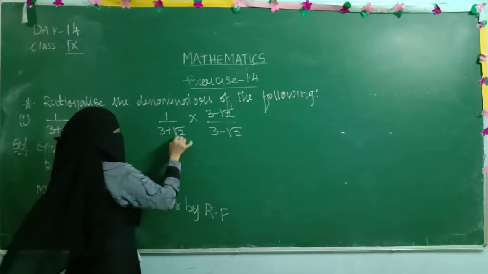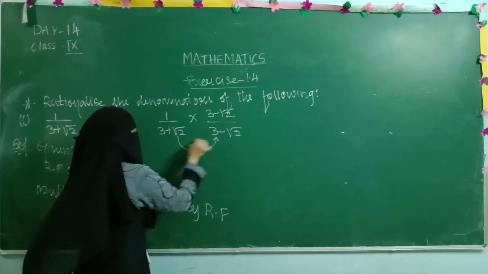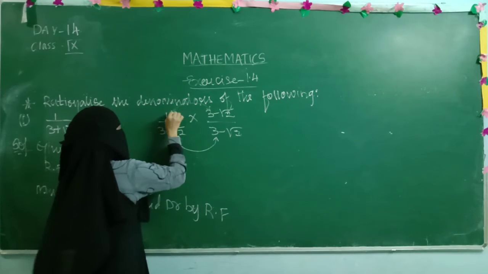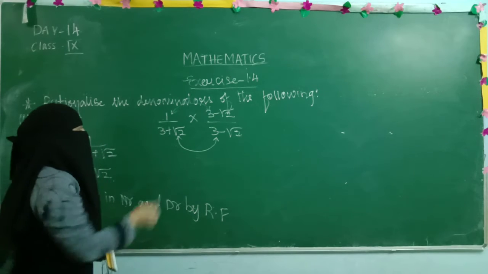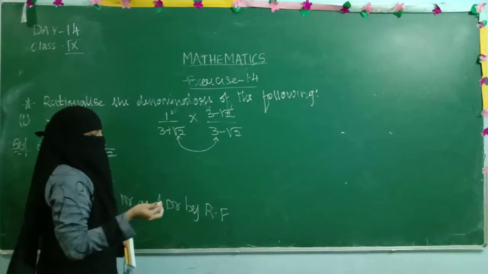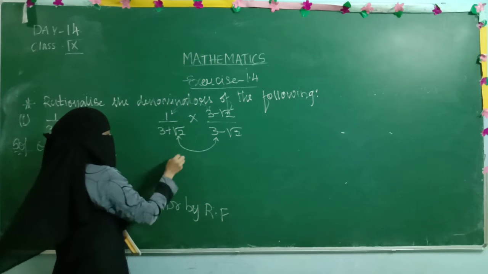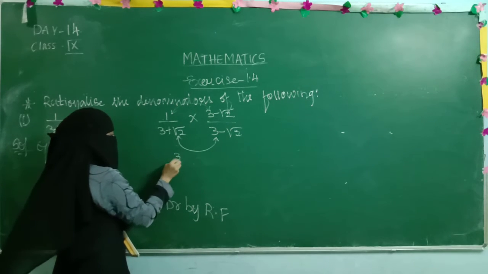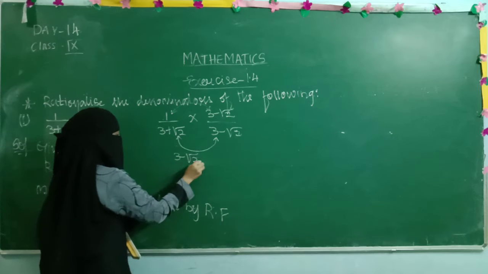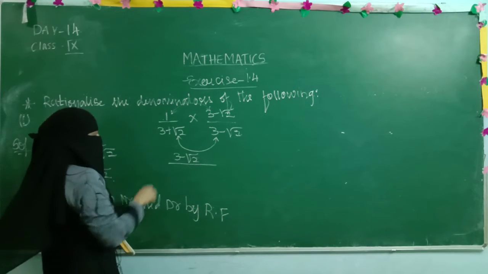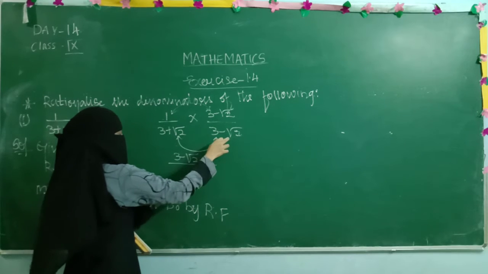Now we need to multiply denominator with denominator and numerator with numerator. So 1 into anything you will get the same. So 1 into 3 minus root 2, you will get 3 minus root 2, by, and here you are observing this is a plus b and this is a minus b.